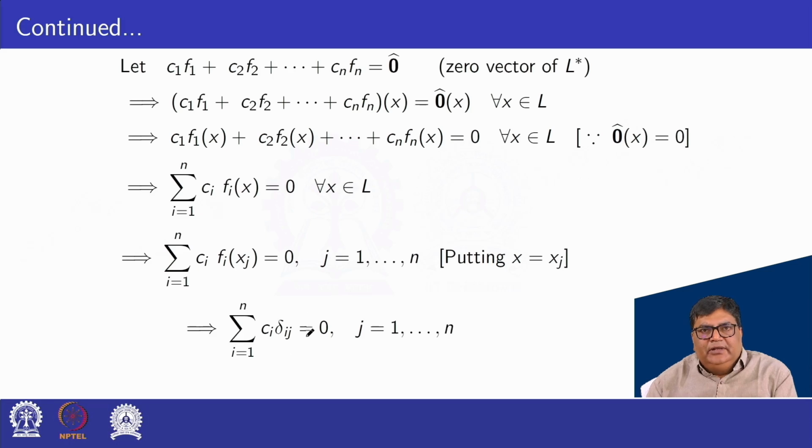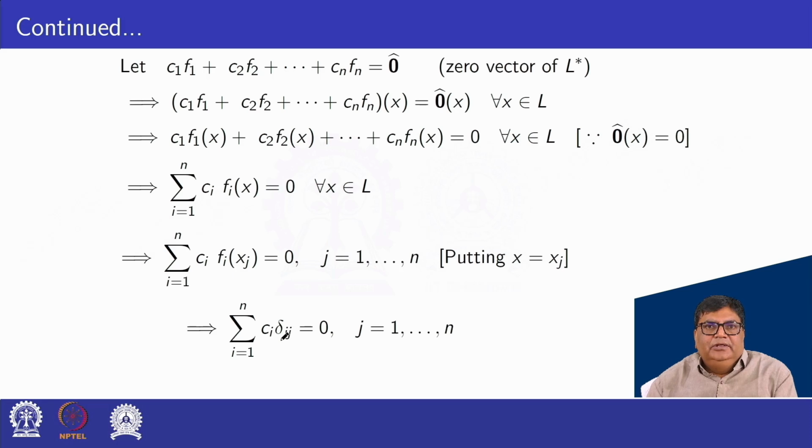We expand this, i equal to 1 to n, that is c1 delta 1j plus c2 delta 2j plus and so on, cj delta jj plus and so on, cn delta nj. So here we have one term cj delta jj, and delta jj is 1.